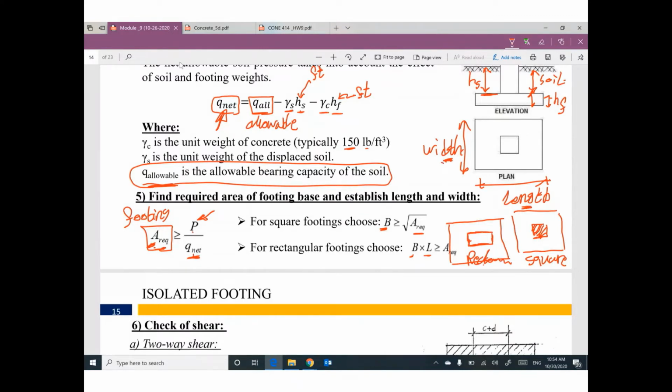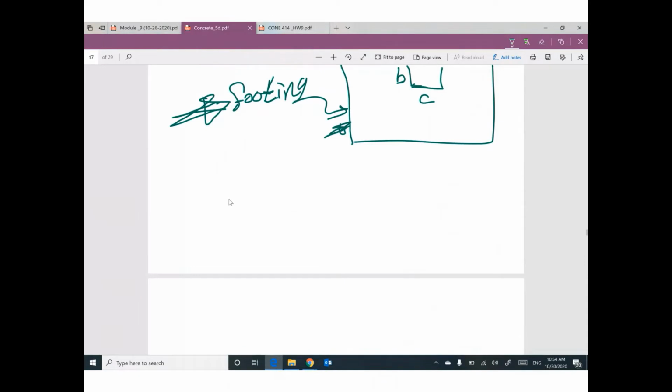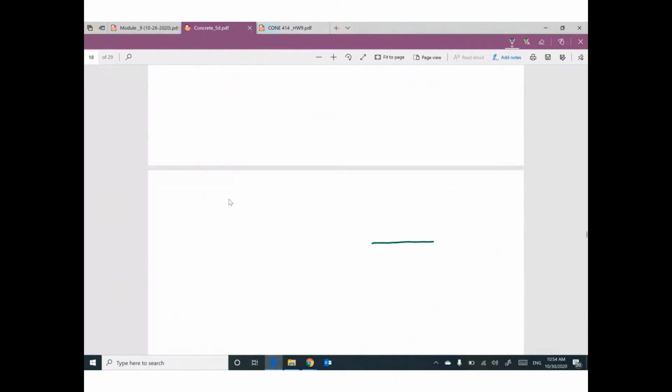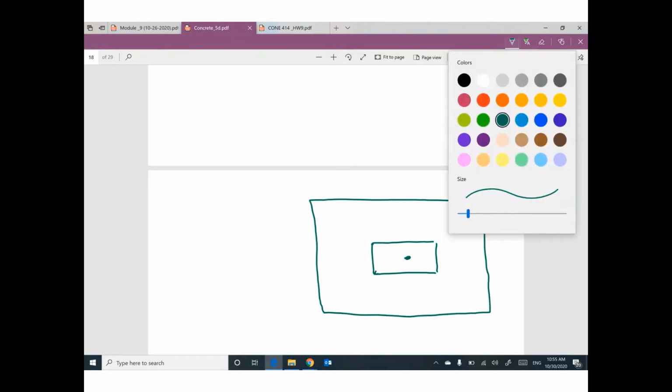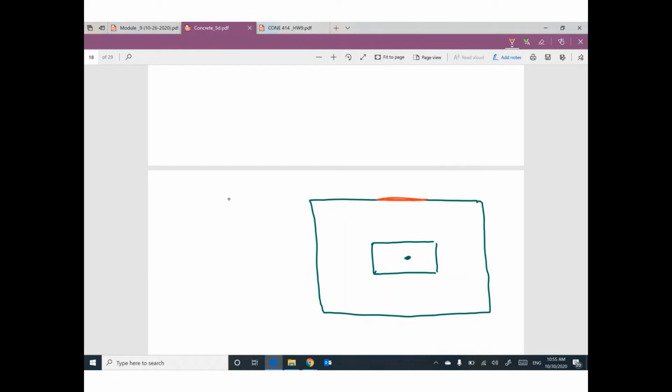By the way, that makes sense, if you have a rectangle column like this, I think your footing will be like this. The longer dimension of the footing will be parallel to the longer dimension of the column, and the shorter dimension of the footing will be parallel to the shorter dimension of the column. And that makes sense. Okay?